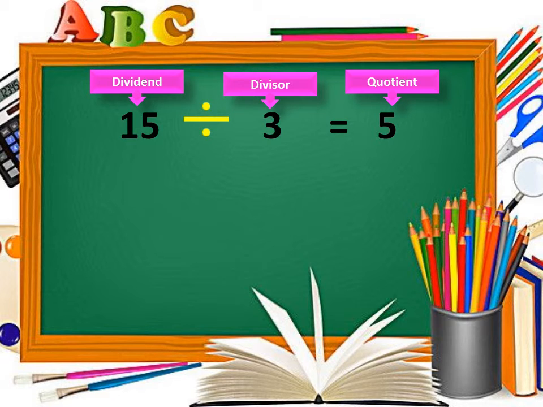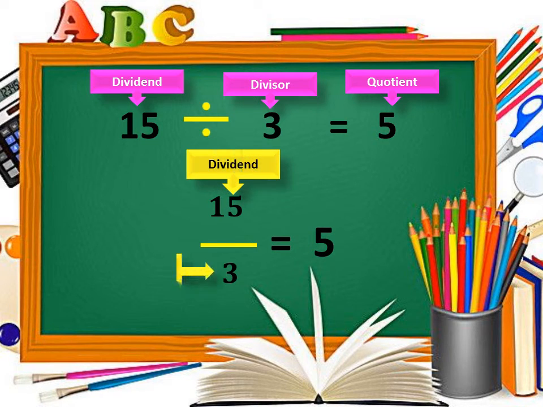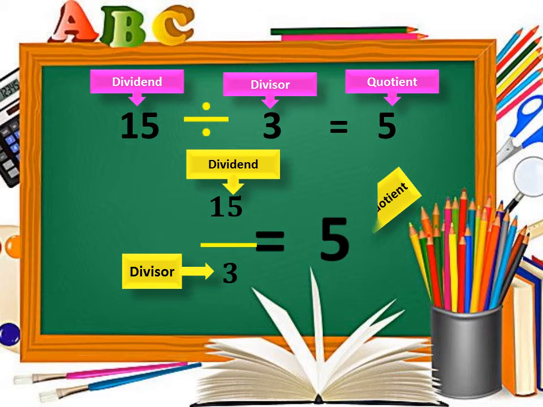Here is the second method. This division problem is exactly the same as the above. In this method, we show division using the division bar. 15 is the dividend and it is up above the division bar. 3 is the divisor and it is below the division bar. 5 is the quotient.